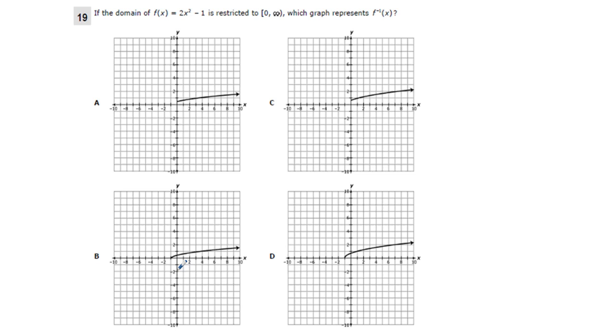What it's going to be, minus 1 will be right here like this. So it'll be something like this. 2x squared minus 1. Something like this.